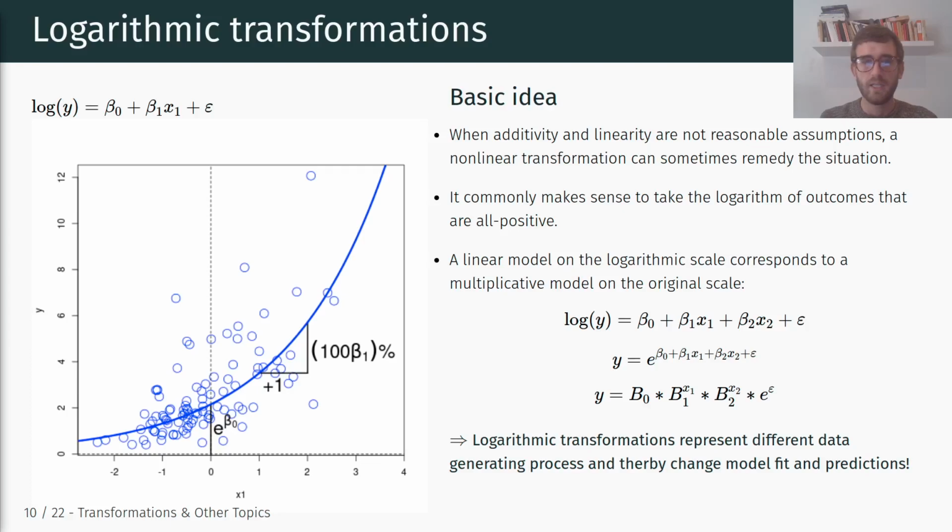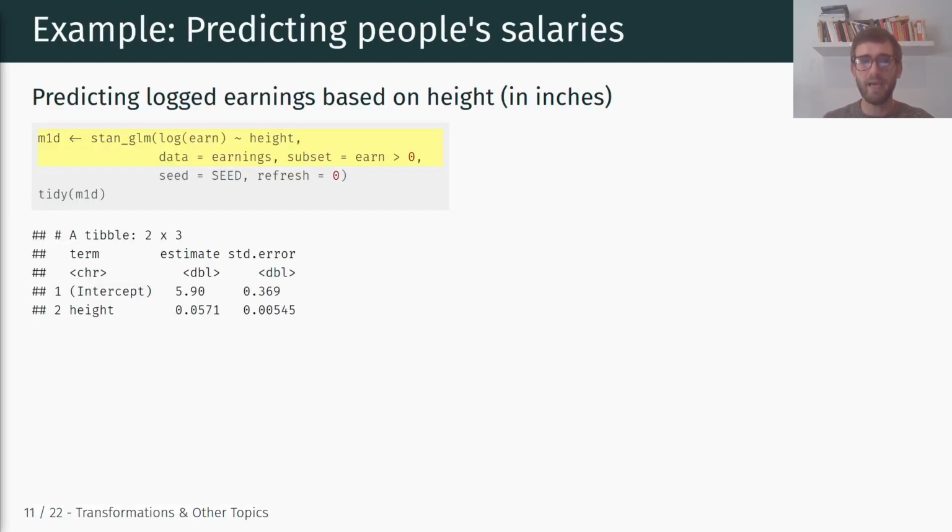Okay. So let's look back at our example of predicting people's salaries and now apply a logarithmic transformation. Now we're predicting logged earnings based on height, still in inches. We're not centering our height variable here.